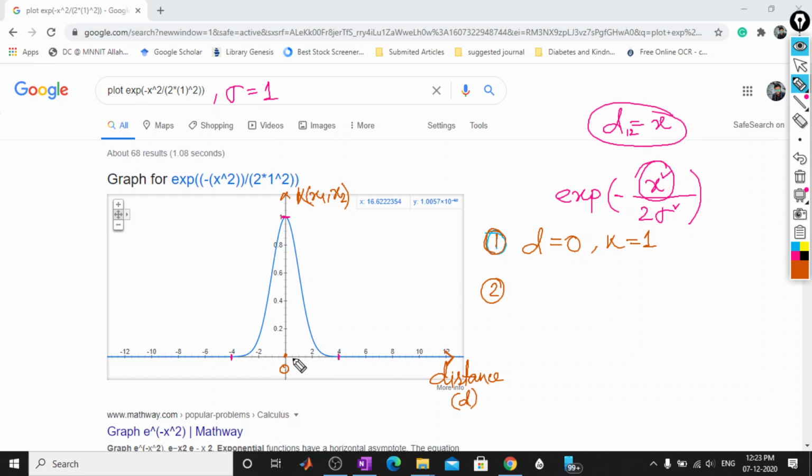If we increase the value of d in the positive as well as the negative direction, it does not matter. Then you can see that our k value drops exponentially. So if we simply increase the value of d, then our k value drops exponentially.